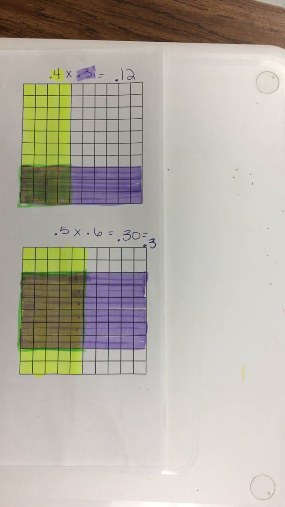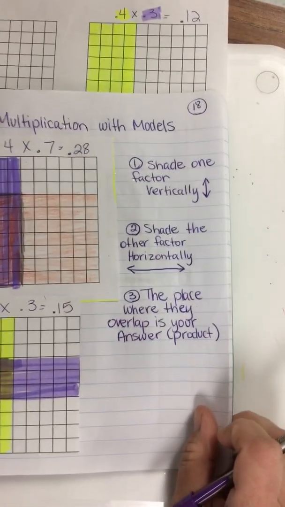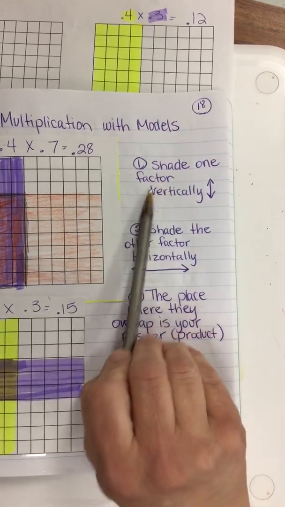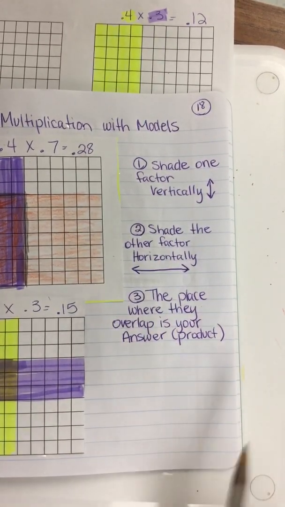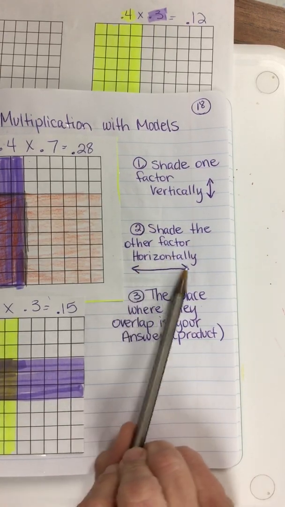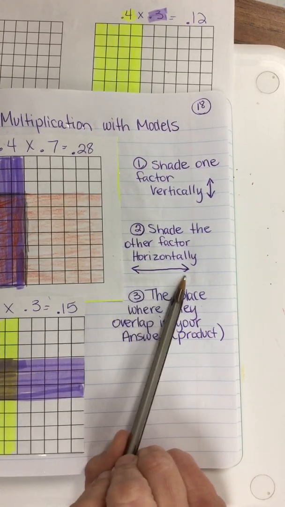Okay? So basically what you need to make sure that you're understanding is that 1, you're going to shade one factor vertically, which is up and down. 2, you're going to shade the other factor horizontally, side to side.